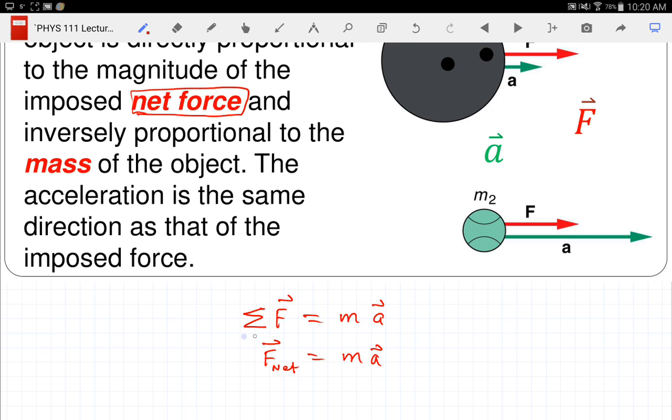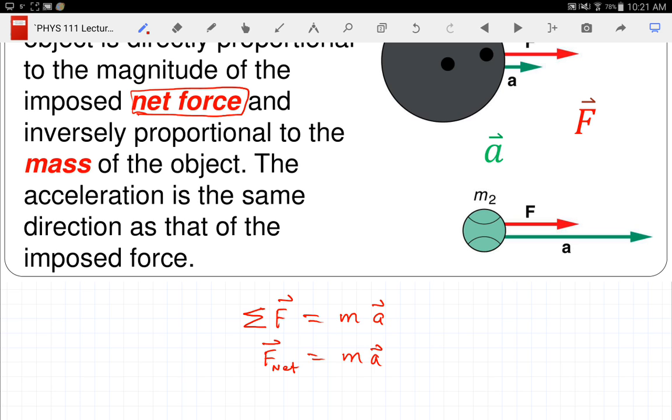This symbol here is a capital Greek S, sigma, and we use the capital Greek sigma to mean sum, right? Sum starts with S. And so this means the sum of all the forces. Net force means the sum of all the forces. So those mean the same thing. It's equal to the mass of the object multiplied by the acceleration of the object.